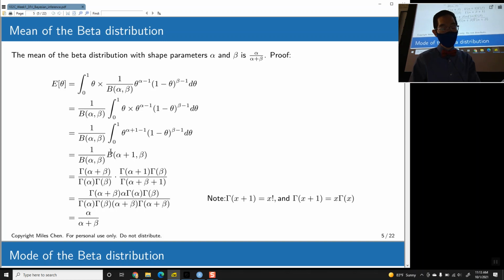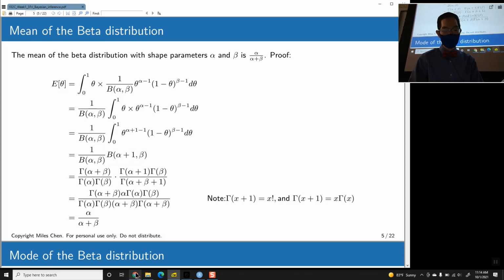So this part will become the beta function of alpha plus 1 comma beta. Is that all right? This integral becomes this constant. I think we talked a little bit about that on Wednesday. Okay? So I have the beta function of alpha comma beta and the beta function of alpha plus 1 comma beta.